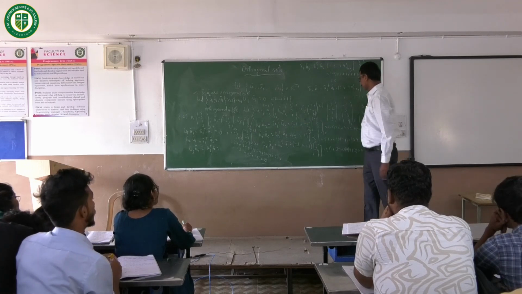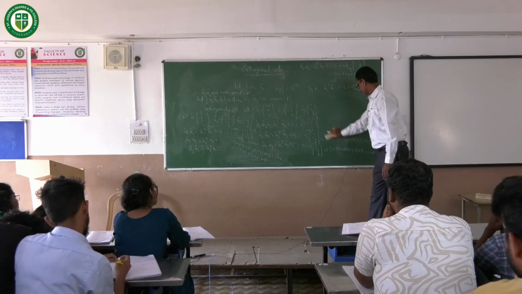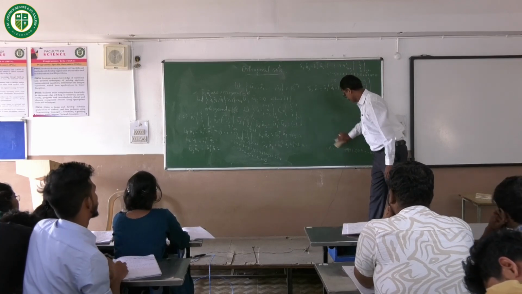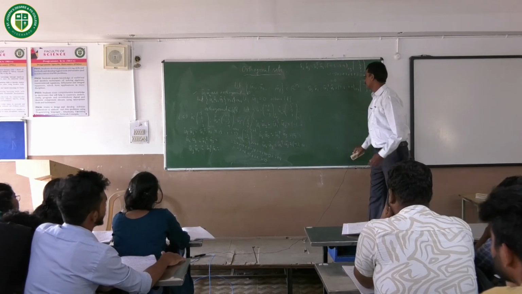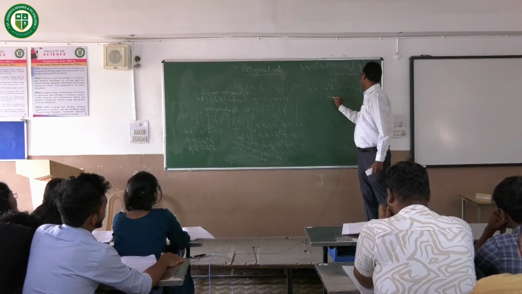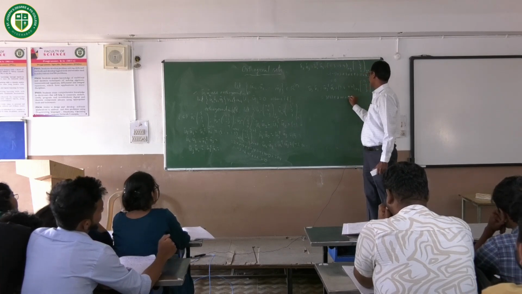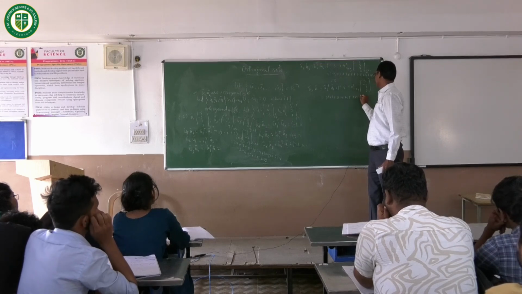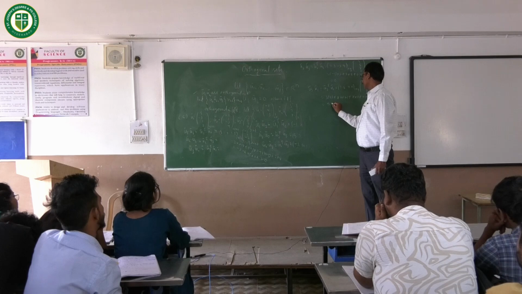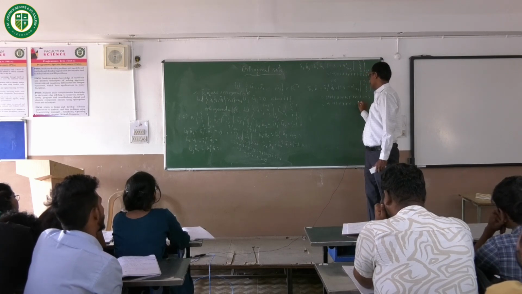So that is equal to 3 into 3 plus 8 into minus 2 plus 7 into 1 plus 0 into 3.